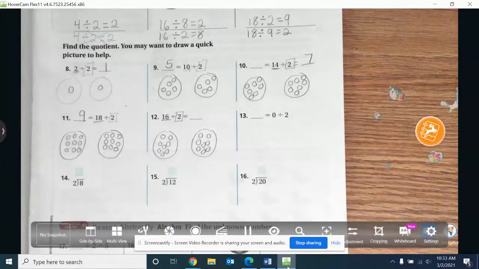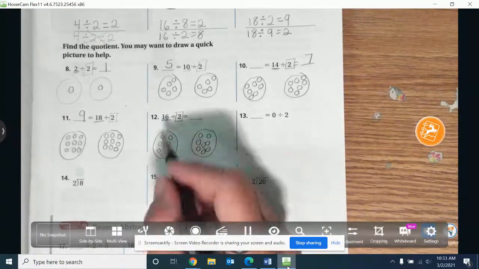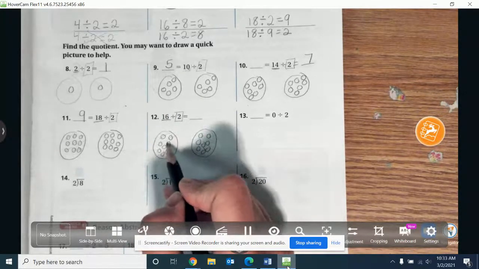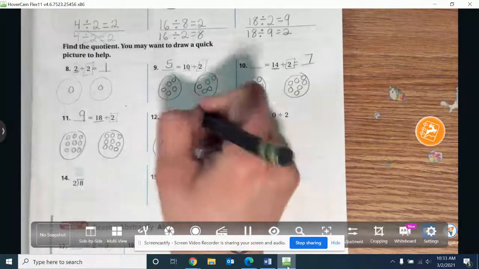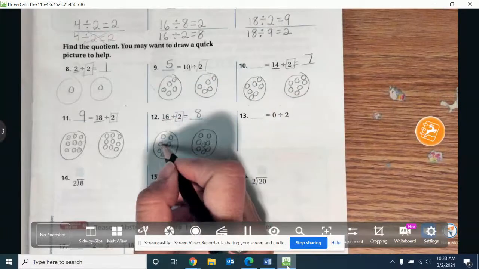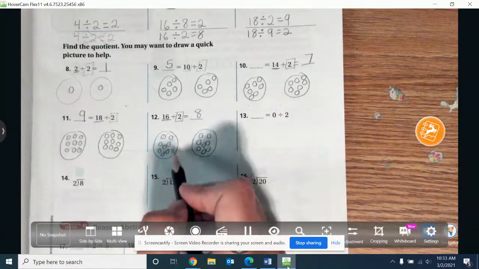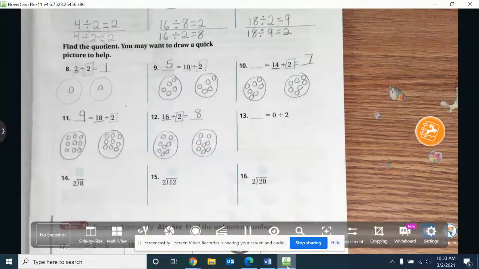Ooh, I almost went ahead. 16. How many did we make in each group? 1, 2, 3, 4, 5, 6, 7, 8. 16 counters divided into two groups gives us 8 in each group.